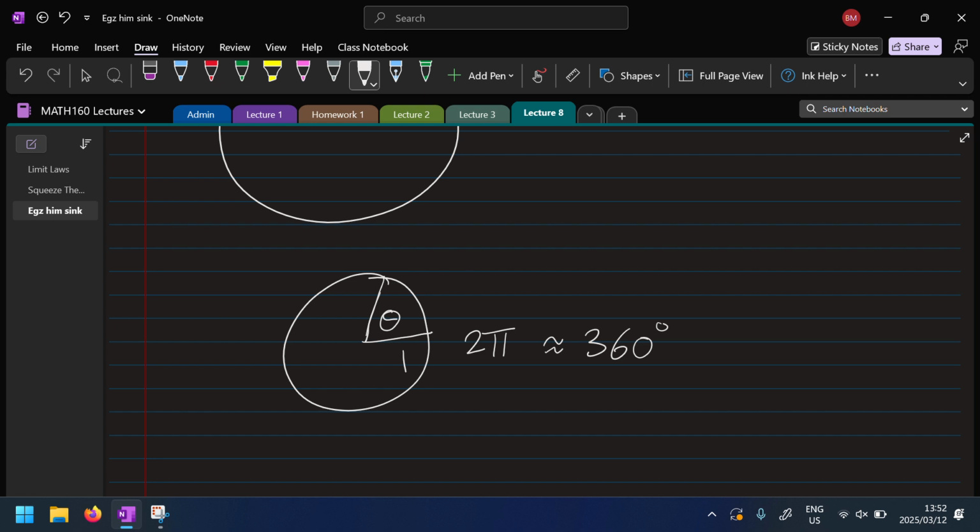Then if we take some portion out of this, so some angle theta, that theta will be some fraction of 2 pi. Like a degrees is some fraction of 360. Like 90 degrees, that's 1/4 the way around. 2 pi, that's all the way around.